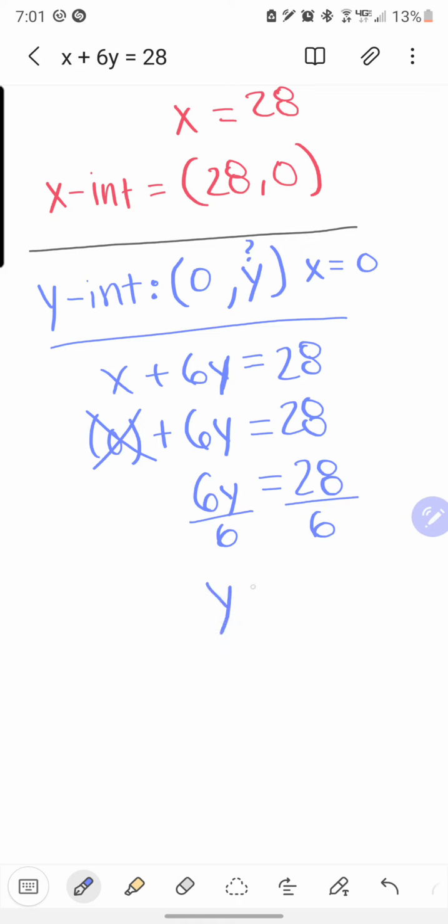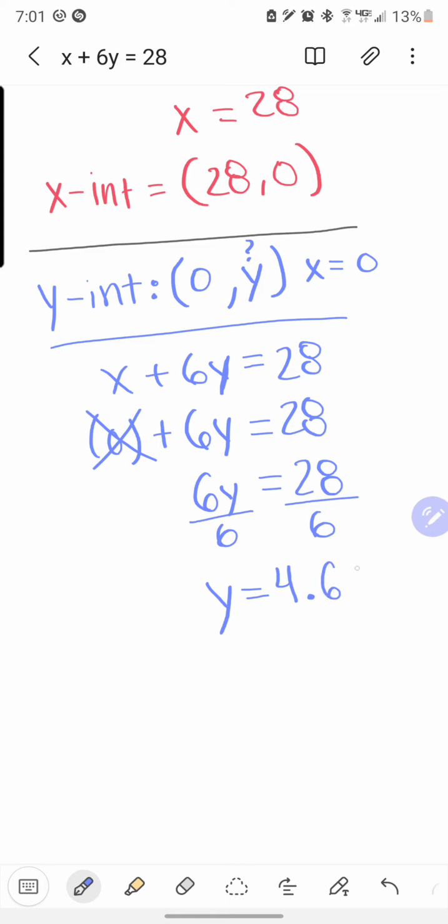So y equals, now we know that 6 times 4 is 24 and 6 times 5 is 30, so this is not going to be a whole number. So we're going to plug this into the calculator. 28 divided by 6 equals, of course, a decimal. I'm going to round it to the hundredths place because there are a lot of 6s and then it ends with a 7.